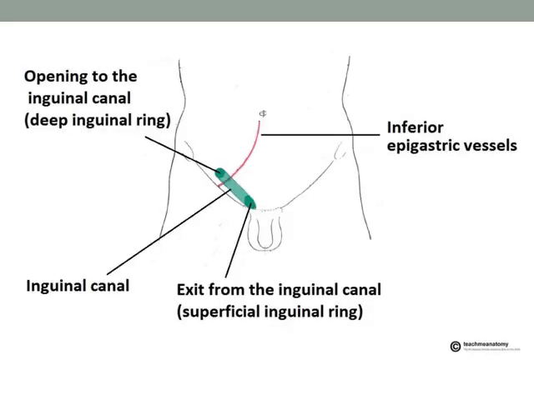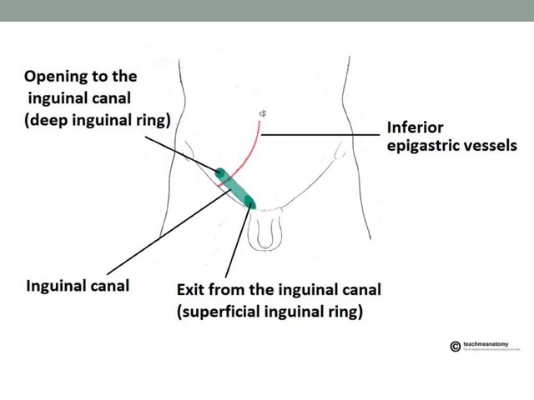Now we're going to discuss the anatomy of the inguinal canal. The inguinal canal is a potential canal starting by an opening which is called the deep inguinal ring.